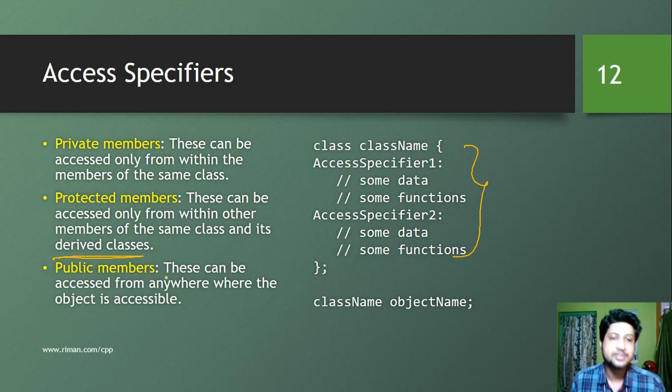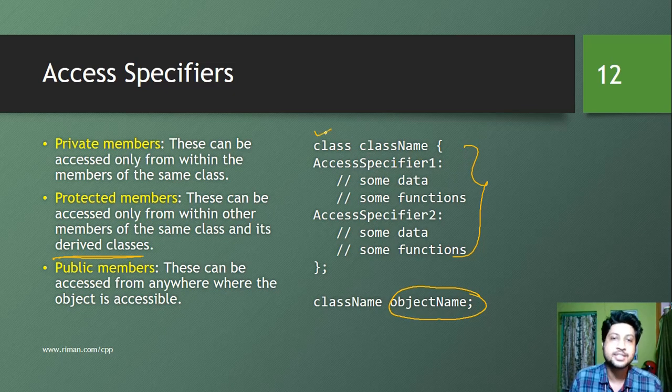Public members can be accessed from anywhere where the object is accessible. So if we have some public members in the class, they can be accessed from outside the class, but you have to use an object. For that, the class definition becomes something like this.